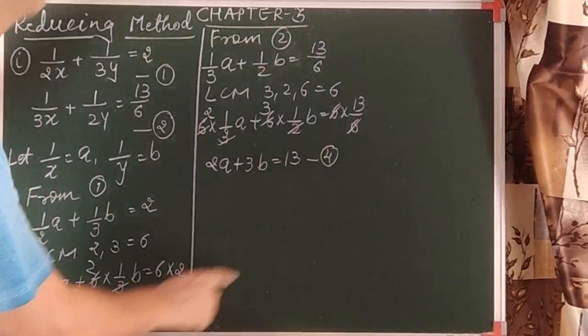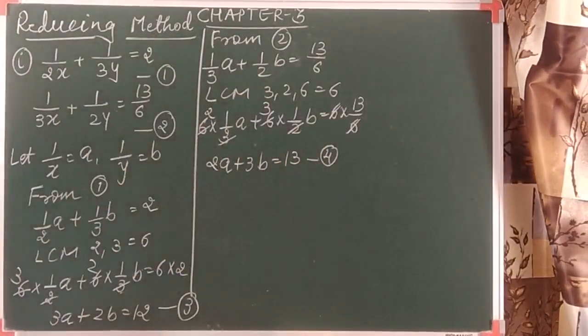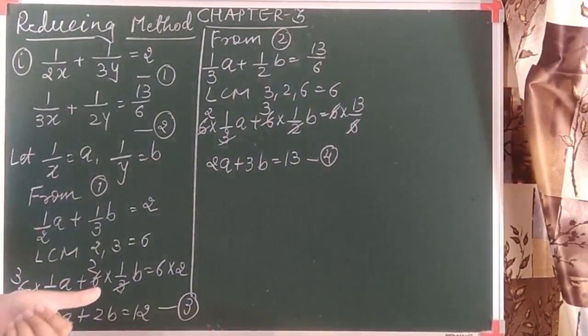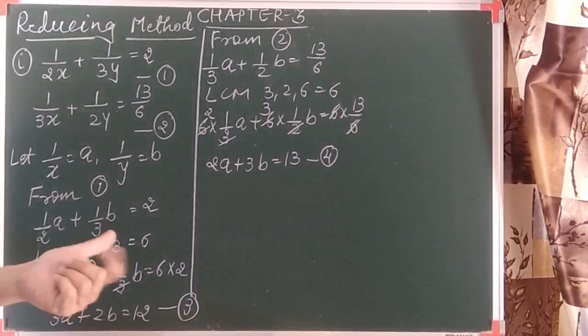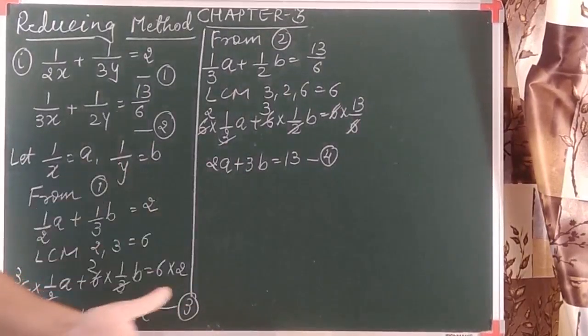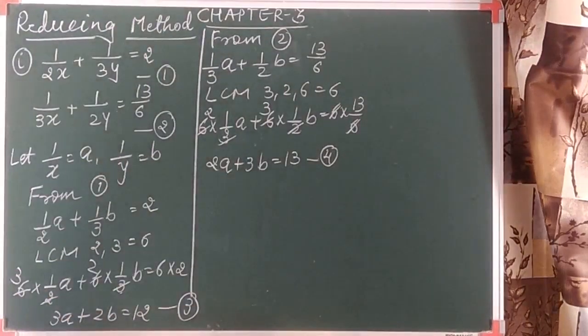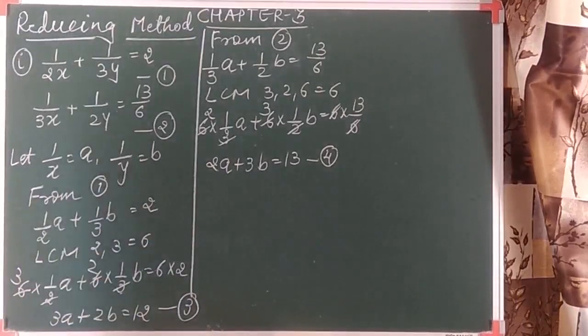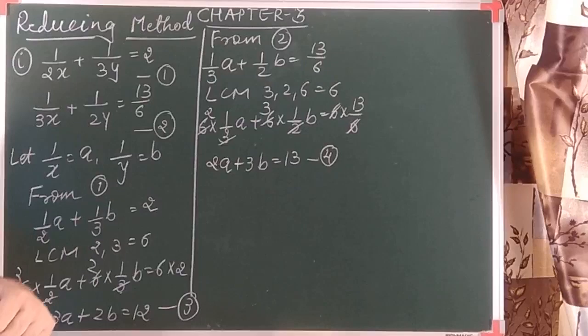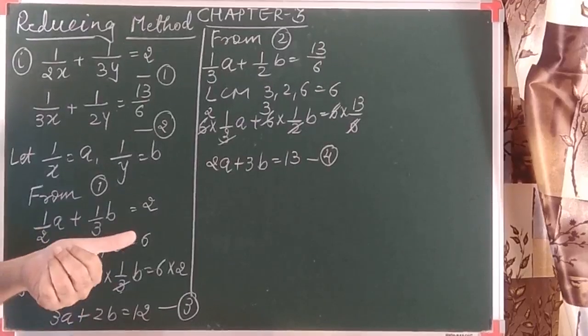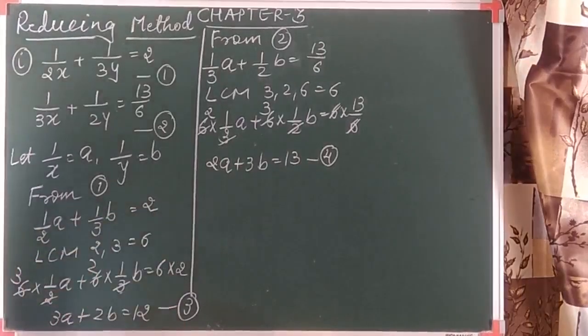Now equations 3 and 4 can be simplified by which method we discussed till here? It can be simplified by the substitution method, elimination method, or cross multiplication method. Any one method can be used to simplify it. But remember friends, according to me, the elimination method is considered the easiest method.